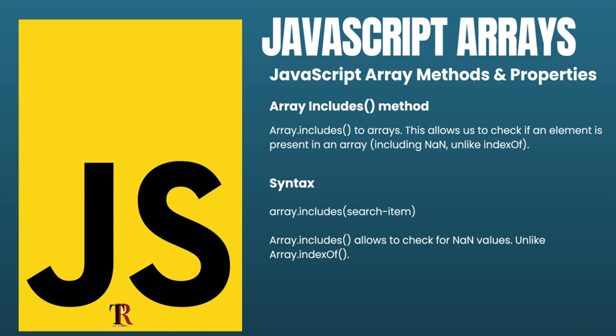And this is the syntax that it usually follows. You can see array.includes, which is the method name, your array, the method name, and then the search item. What is it that you want to search for? What element do you want to check if it is present in an array? And you can also see that the array.includes method allows you to check for not a number values, unlike array.indexOf.